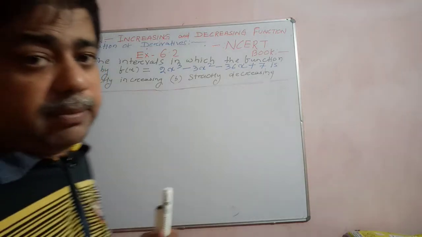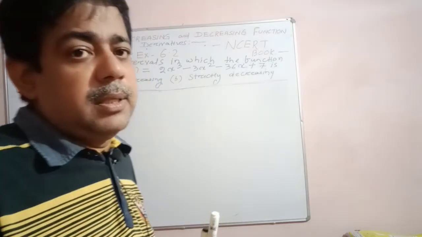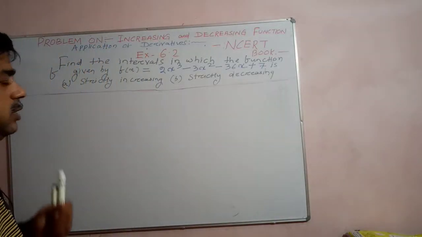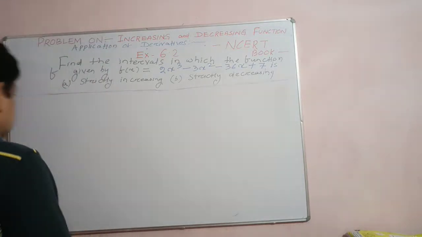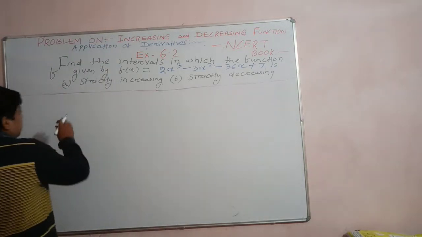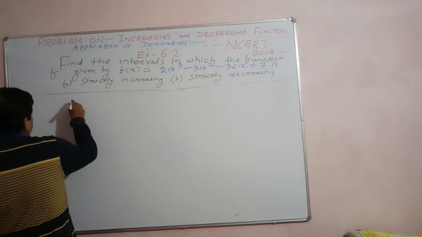We have to find the intervals in which the function is strictly increasing and in which intervals the function is strictly decreasing. Let's see. Here is another simple problem based on the concept of increasing and decreasing functions.